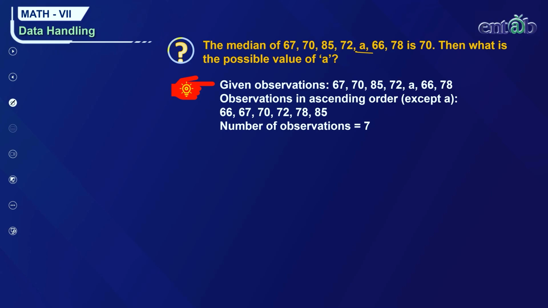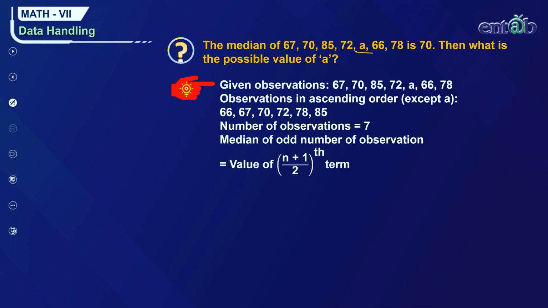So the number of observations is 7 including A, right? When the number of observations is an odd number, then we use the formula that the median will be the value of the (n plus 1) upon 2th term, right?